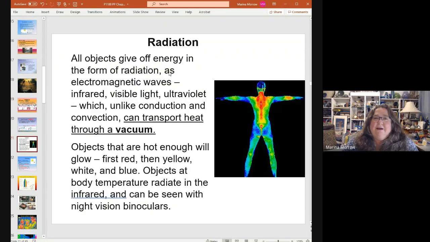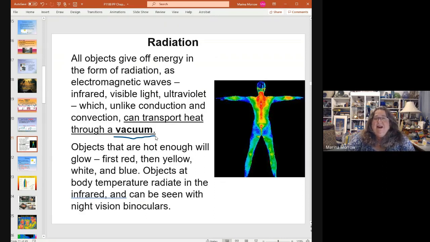All objects above 0 Kelvin give off radiation, and what they give off depends on how hot they are. Electromagnetic waves can be given off as infrared or visible light. These waves can transport heat through a vacuum, so you don't need molecules carrying the energy along like we discussed for conduction and convection.